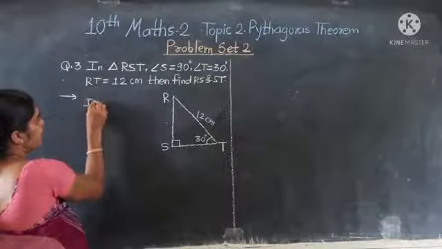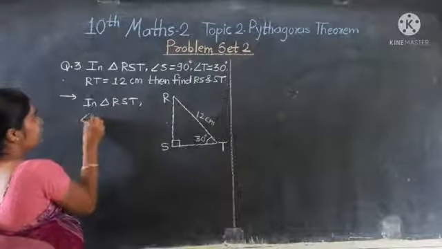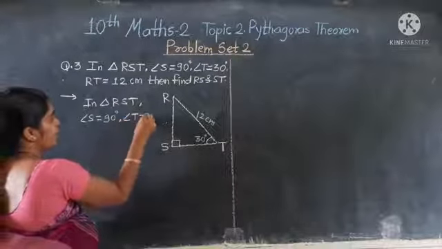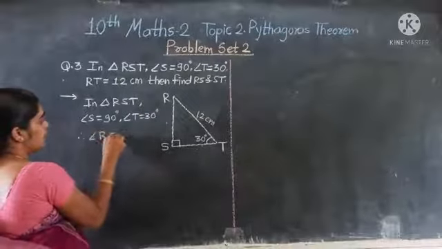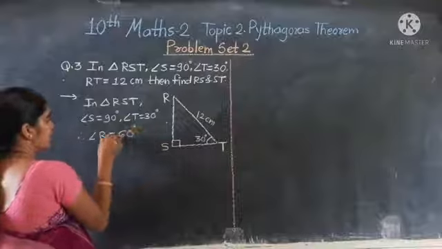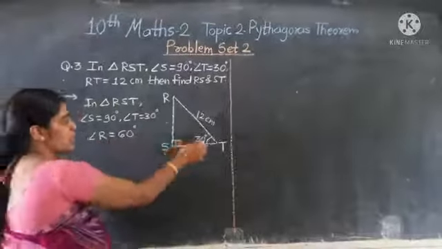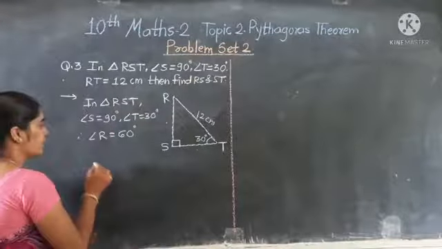See, in triangle RST, angle S is given 90 degree and angle T is given 30 degree. Therefore, angle R is 60 degree. Okay? Because sum of the three angles of a triangle is 180 degree.